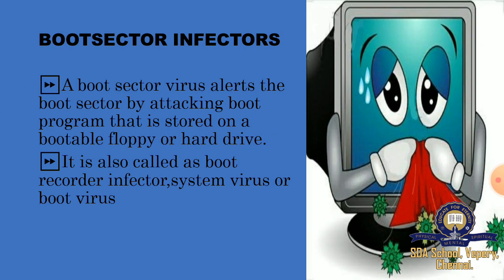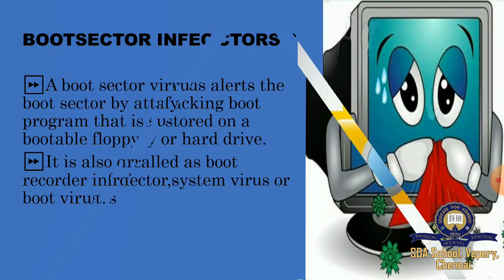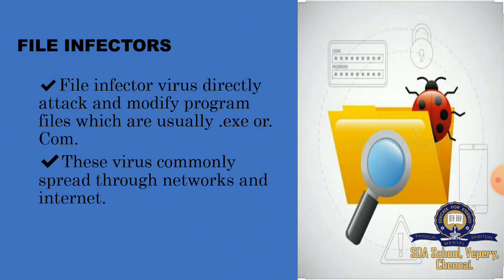Next is file infectors. File infector viruses directly attack and modify program files which are usually .exe or .com. Usually it loads itself into memory and waits for a trigger to infect other program files.